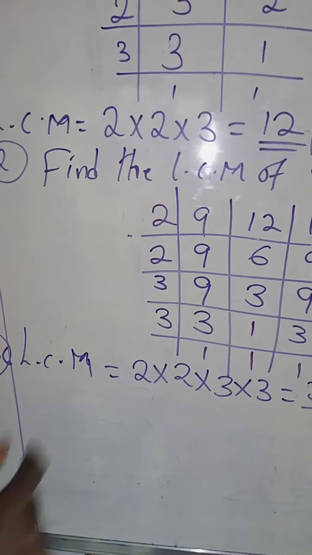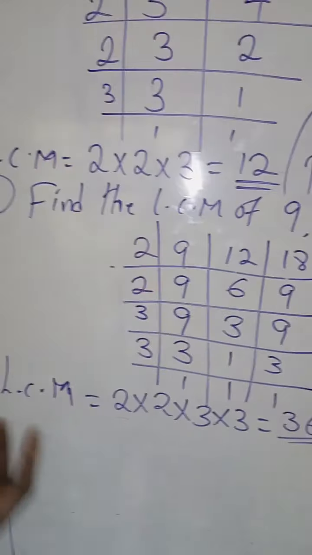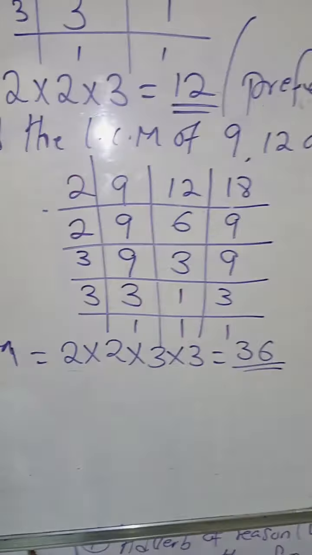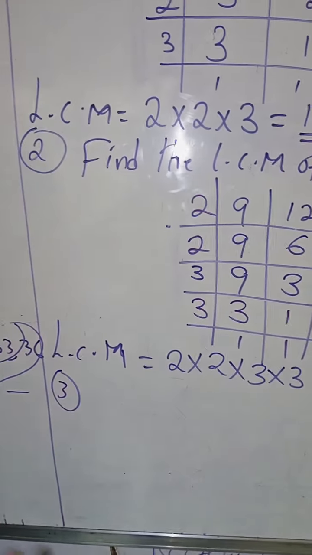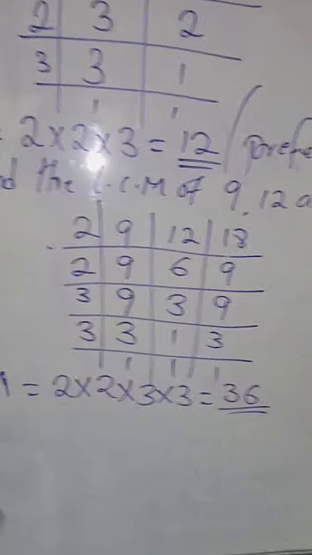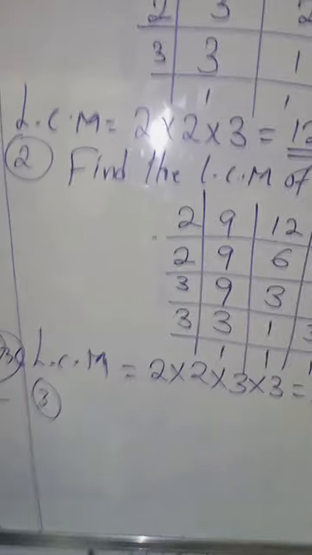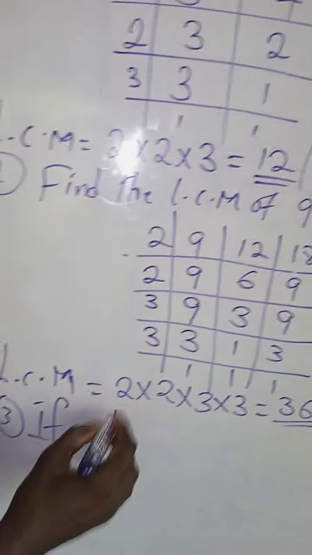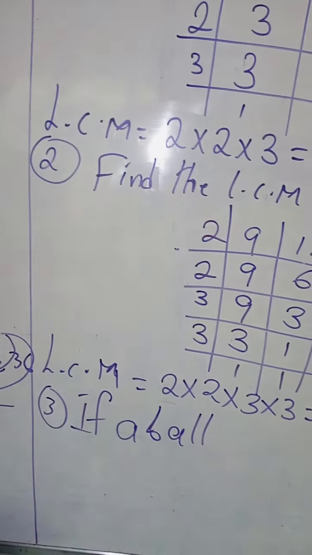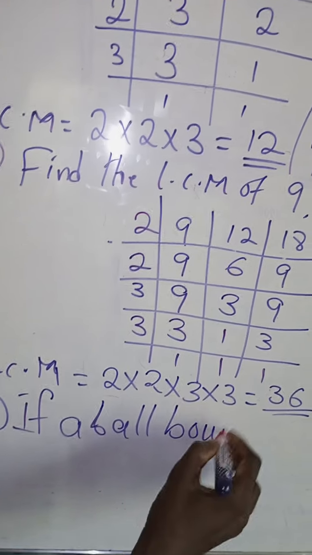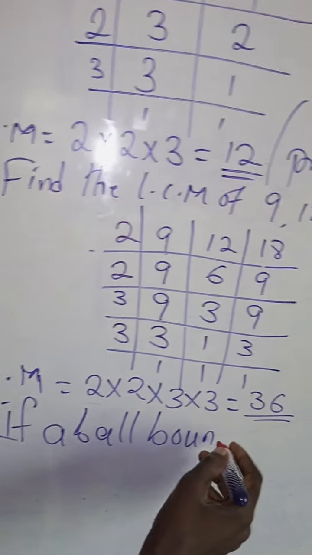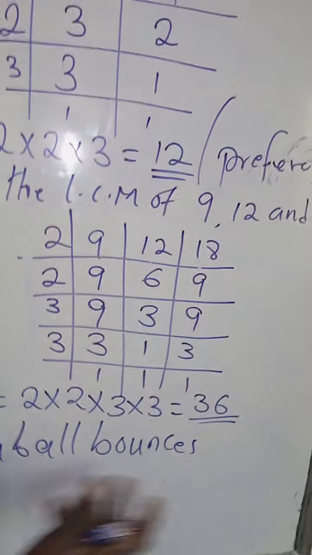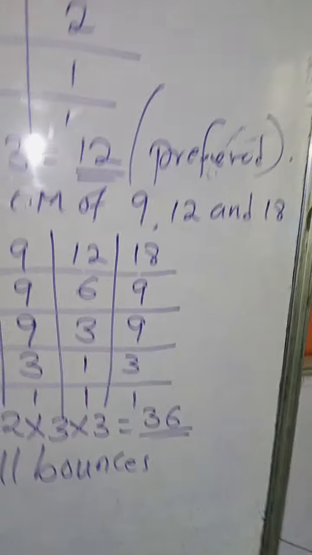Now for JSS1, we have no option. Given all this one, they are just like simple questions. Let me now give a more taxing question. Let me use it as an example. It may come in form of word problem. He said, if a ball bounces, am I correct with the spelling of bounces?